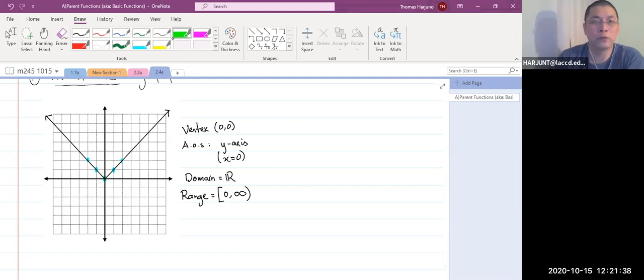Of course, if you can put more coordinates, it will be great. But at least the blue ones are the ones you need to provide me. Every time I ask you to graph absolute value, you need to give me these 5 coordinates. Okay?